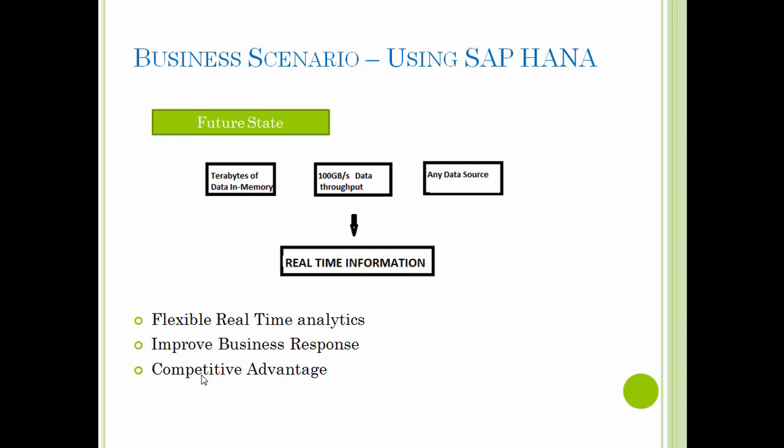Hence, it makes optimum utilization of hardware and software innovations to provide real-time information for business decisions. So that's how we conclude: using the hardware and software innovations and pushing the data intensive calculations to the database layer, SAP HANA is able to provide the needed data throughput and the needed business response.